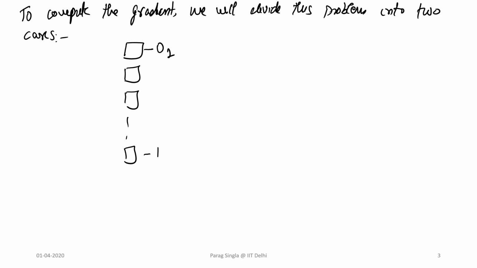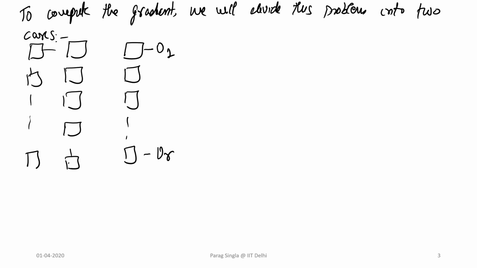Let's say this is O1 to OR, and there are all sorts of perceptrons here, right? And in some sense, J theta directly depends on the weights of the final layer, right? Because these interconnections directly affect J theta, and therefore we can compute them directly.